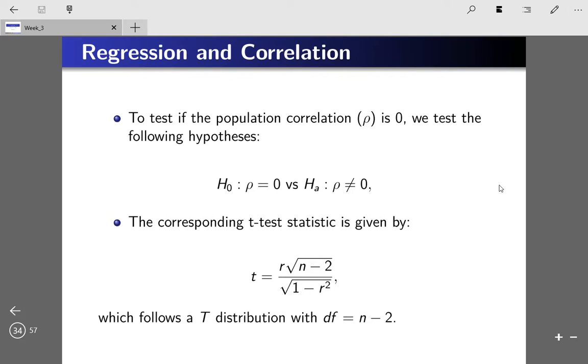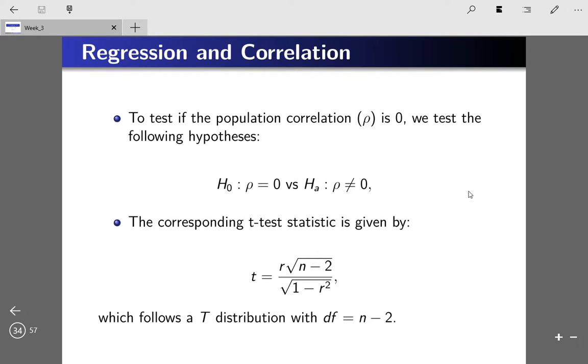And to test this, we get a t-test statistic again. And just like before, it's a t-test statistic because it follows a t-distribution. And this one has n-2 degrees of freedom. So the formula here is the correlation coefficient r times the square root of n-2 all over this value in the denominator.